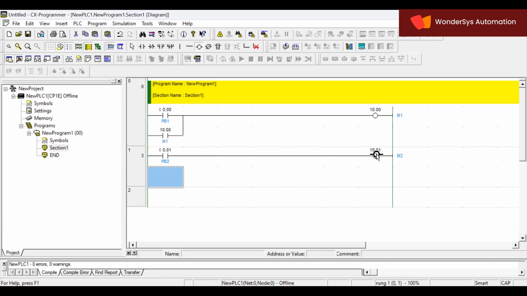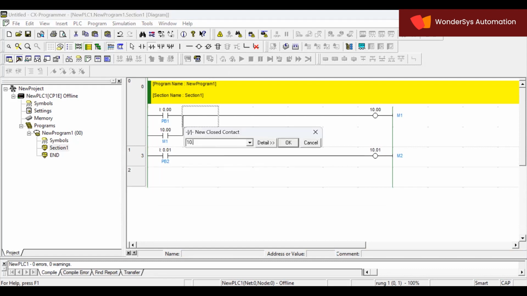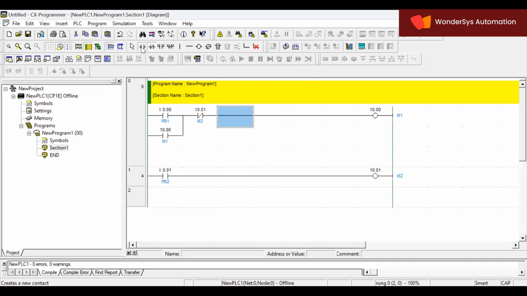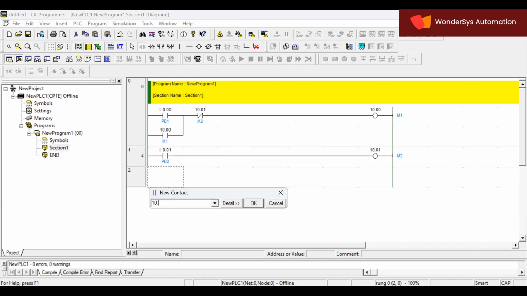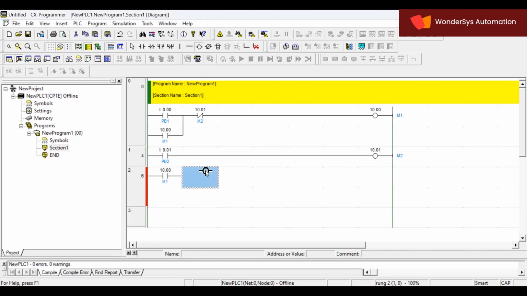So now I'll use this memory address for unlatching. Now I'll simply take the memory addresses instead of taking directly switches. So this is how we can use the memory addresses.